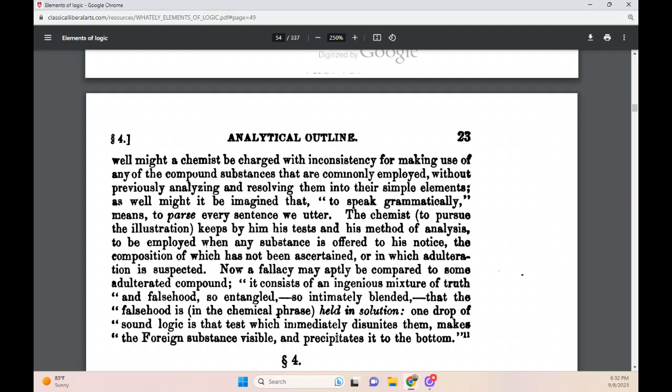But if we do study the art of logic, especially after this lesson where we've learned the formula for these two valid arguments, if we begin to use these to test every argument, we'll be able to separate the true from the false. And this is what it means to be logical. This is what it means to be discerning and skillful in reasoning.